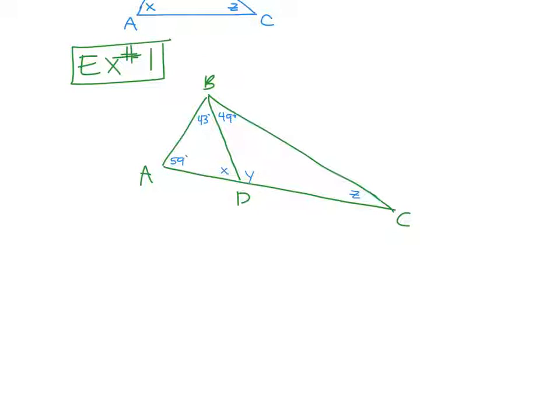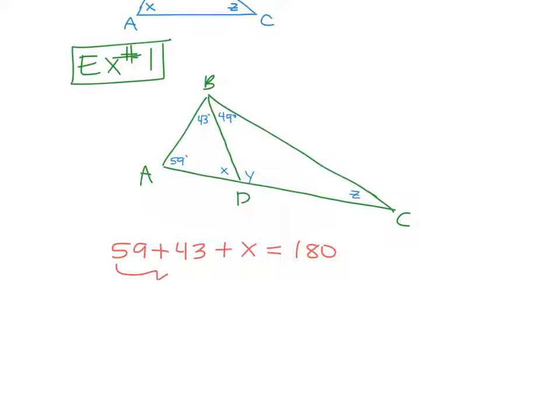Based on what we've talked about so far, you should be able to tell me every one of these angles. Can you tell me any of them right now, or how you could find them? If you can't do the mental math, that's okay. Chloe. Right, so we know that 59 and 43 and X should add up to 180.